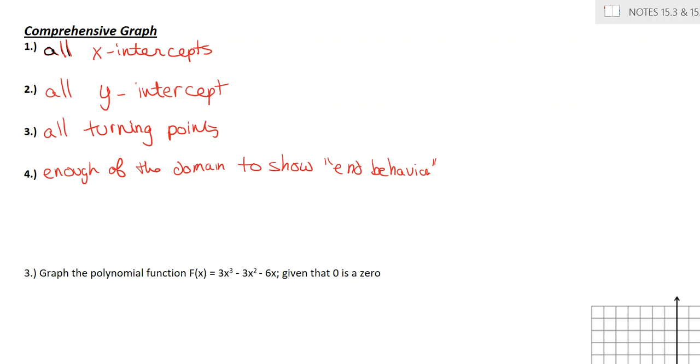We're then going to try to find all y-intercepts, and that will just be by substituting in 0 for x. From there, we're going to find the turning points, and I'll explain that once we get there. And then we just want to make sure that we show enough of the domain to show the end behavior. Again, if they're going up or down at the beginning or at the end.